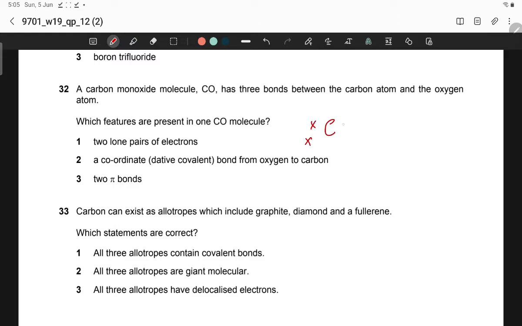So 1 lone pair, this is carbon and this is oxygen, and 1 lone pair by this. So this whole lone pair is shared with carbon.